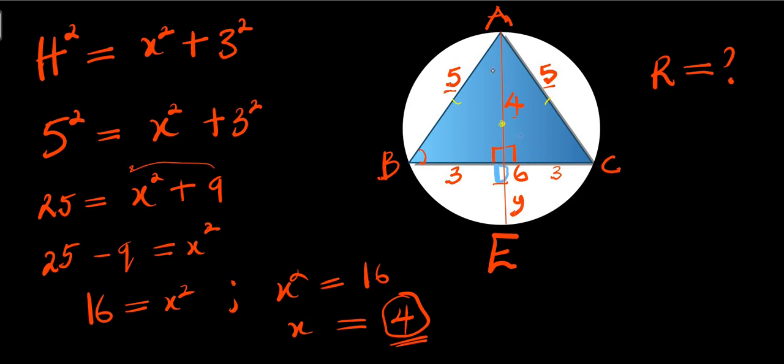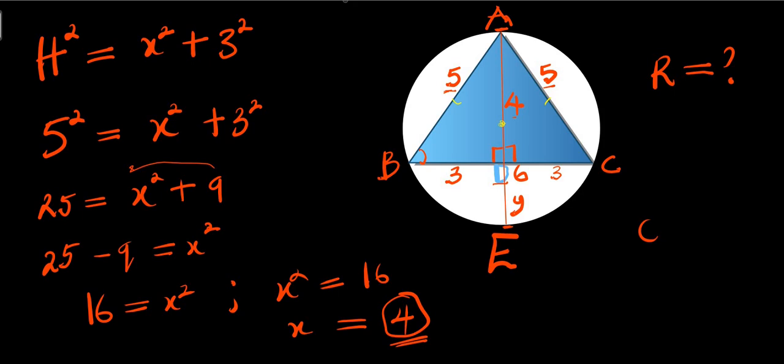Remember, our length AE is the diameter. So if we can get this chord AE, remember, a diameter equals a chord that passes through the center of the circle.